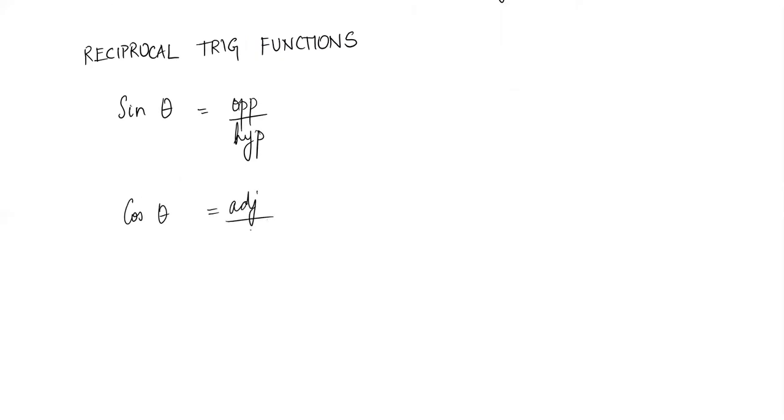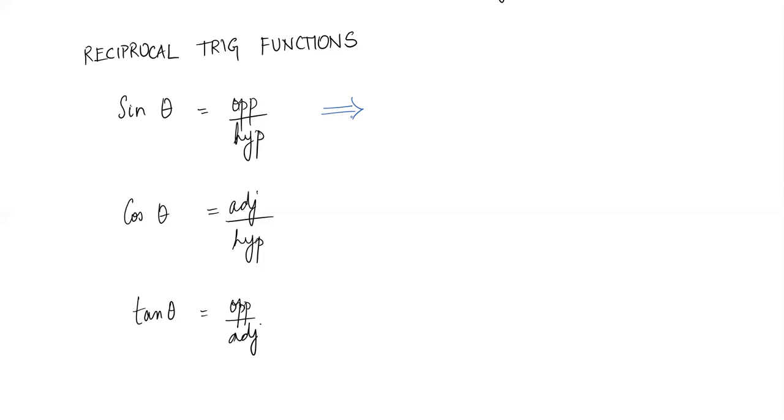Cosine theta is adjacent over hypotenuse, and tan theta is opposite over adjacent. Quickly check: SOHCAHTOA. Now, these functions have their corresponding reciprocal functions. The reciprocal means the flip. So the reciprocal of opposite over hypotenuse is hypotenuse over opposite. Reciprocal of 2 over 3 is 3 over 2. Reciprocal of negative 1 over 5 is 5 over negative 1. So we understand reciprocal is the flip.